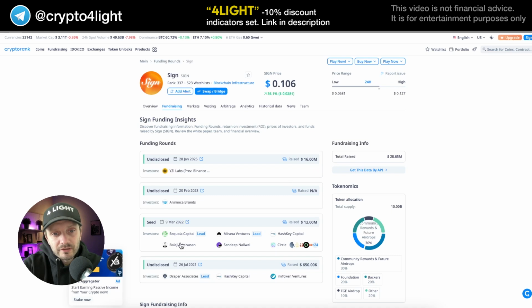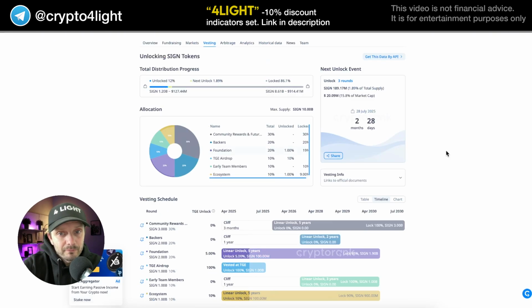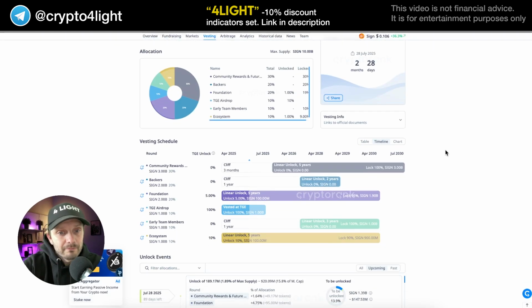Also take a look, the undisclosed round was in 2021. Here, seed round 2022. So imagine, three years ago, investors raised 12 million, and definitely they got a crazy allocation, which they can dump now, step by step.